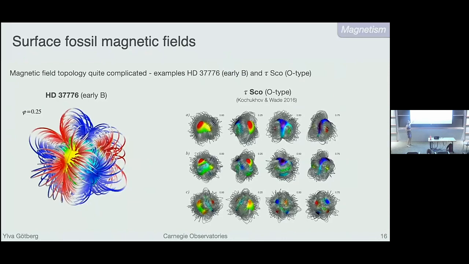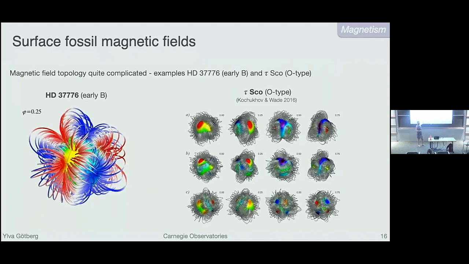So this is an early B-type star, and you can see that it has some complicated magnetic field topology. And this one is giving you a better picture, I would say. It's an early B or late O, I never remember. But it shows you 3 models.